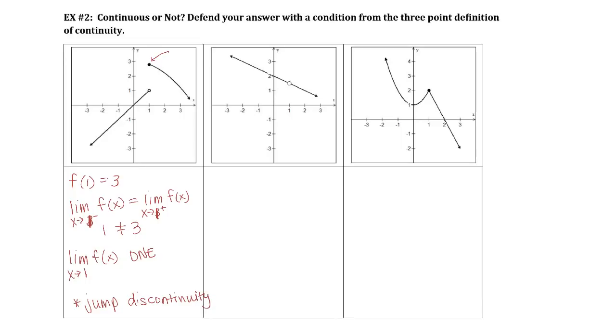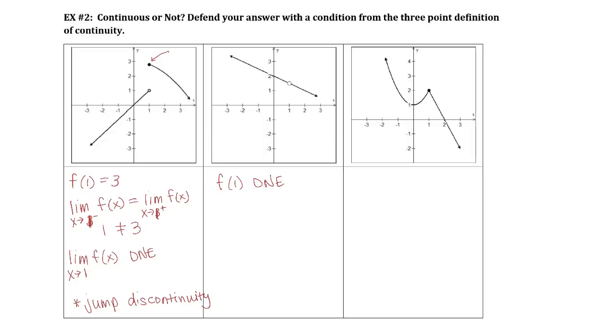All right, so let's talk about the next one. And again, we see here, if we just start off at 1, well, f at 1 does not exist. And if it's not defined there, there's no way we can be continuous there. Notice that our limit does exist, but just because that limit exists does not mean that we're continuous here.